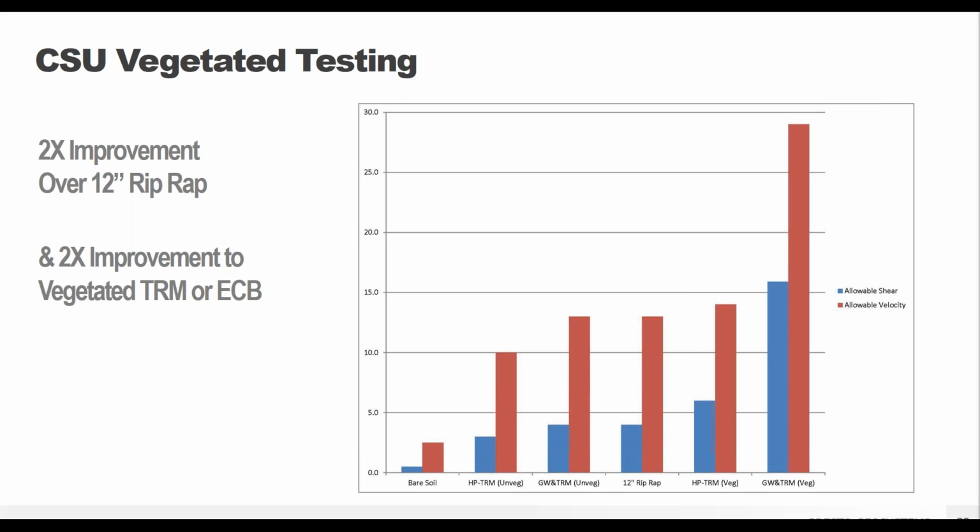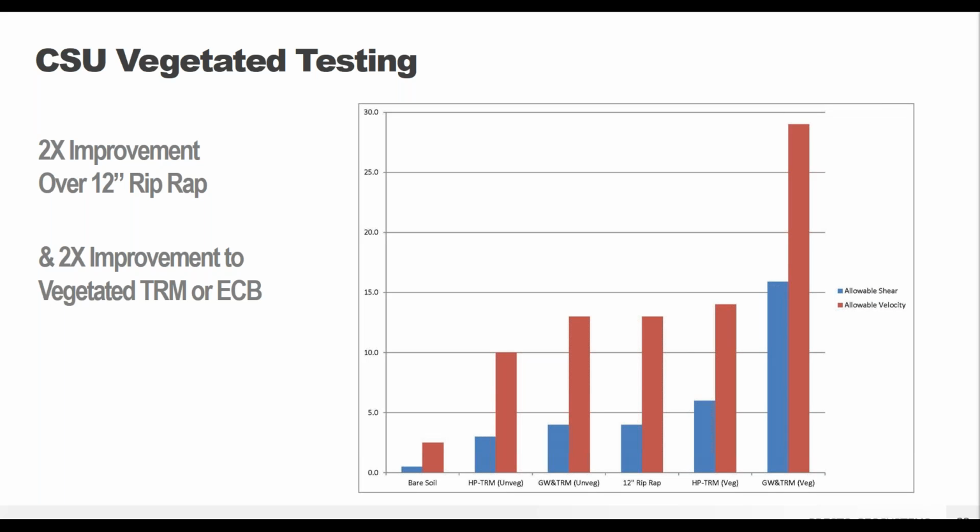And then this is just a quick comparison to show some really impressive results. You can see the GeoWeb filled with topsoil can handle a velocity of around 29 feet per second. That's compared to 12-inch riprap stones, which is closer to 14 feet per second, so a lot less.